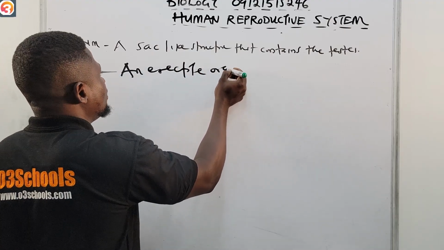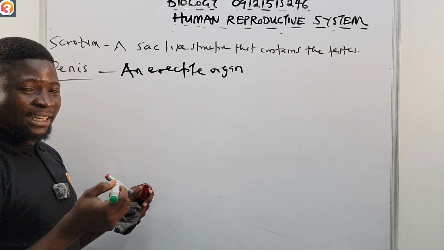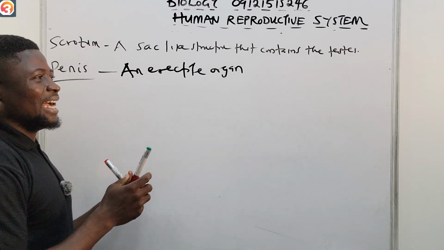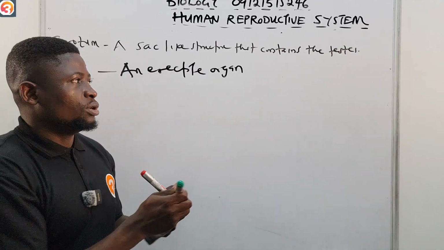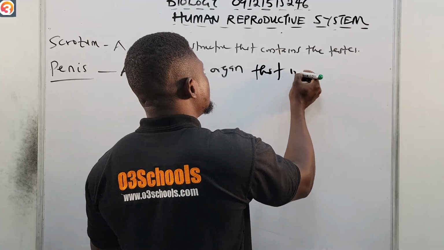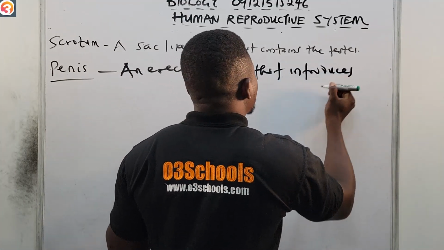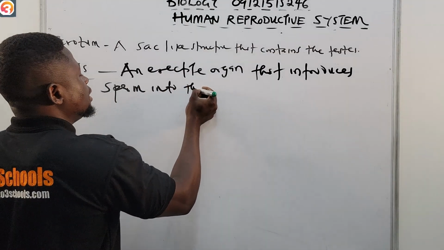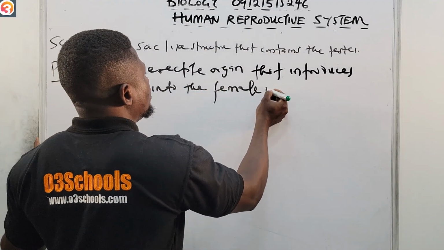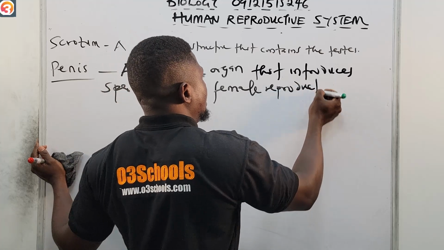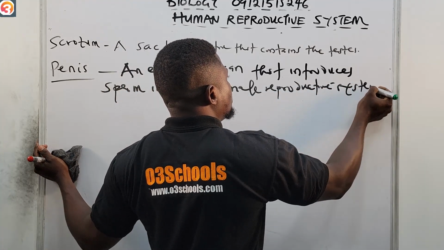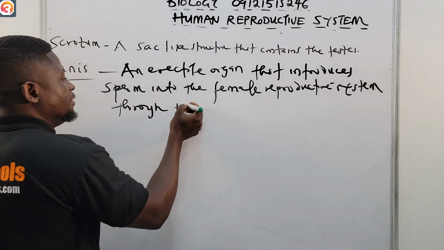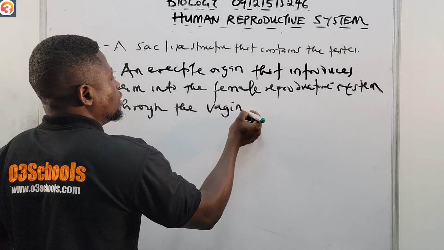It's an erectile organ that helps to introduce sperm into the female reproductive system, through the vagina.